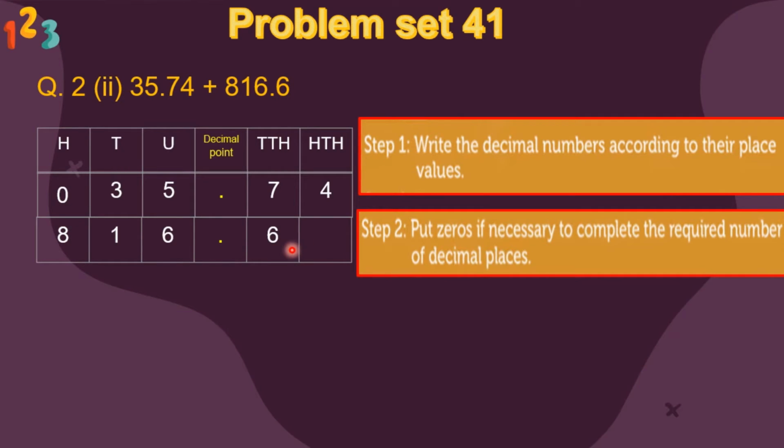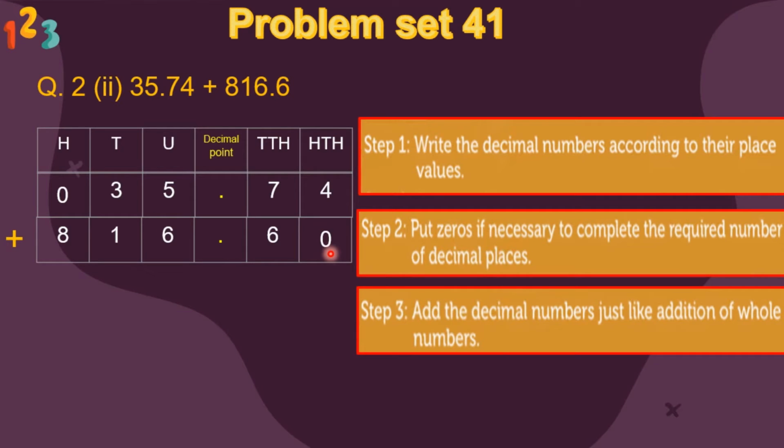Now let us add these two decimal fractions. Decimal fractions can be added just like the addition of whole numbers. So let's start adding. We get 4 plus 0 is equal to 4. 7 plus 6 is equal to 13.